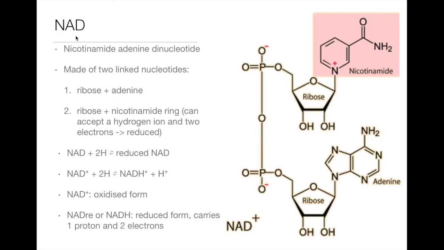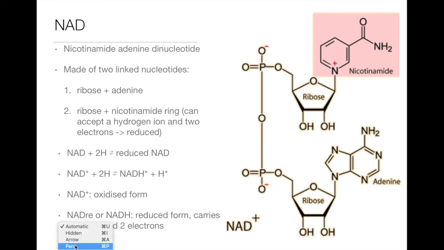So we've got NAD, nicotinamide adenine dinucleotide, which is made of two linked nucleotides. And if NAD, the oxidized form, takes two hydrogen, it becomes this reduced form, and it carries one proton and two electrons.